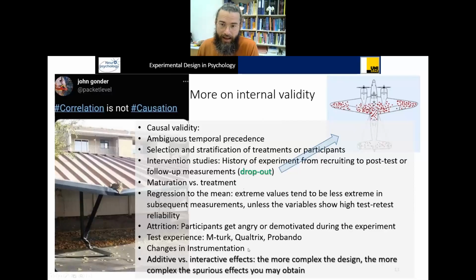Changes in instrumentation. Yeah, there are many problems there. So when Windows just makes automatic updates to your system, or when there is a new version of a software or a new version of a specific apparatus you are using for your measurements, then you have a confounding there because different versions of the same software or of the same hardware may not work equally well.